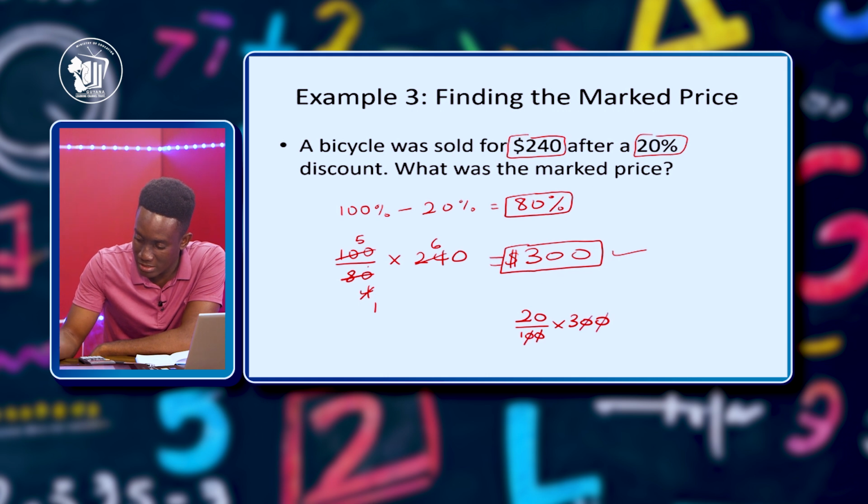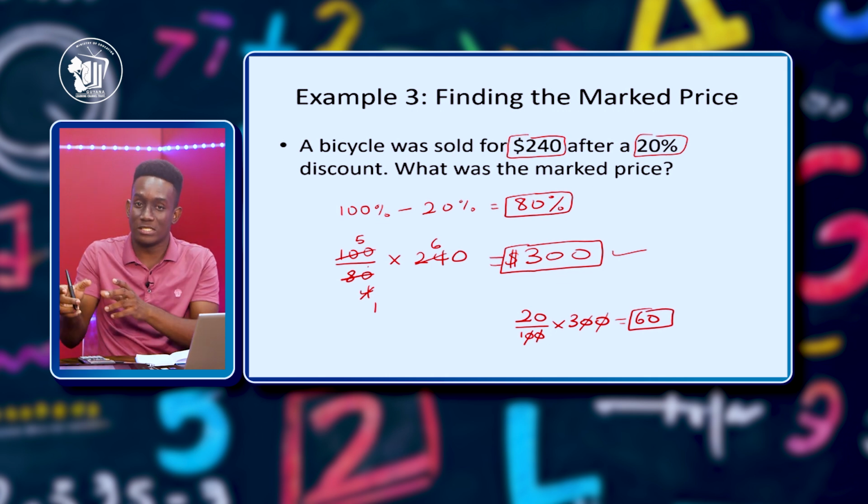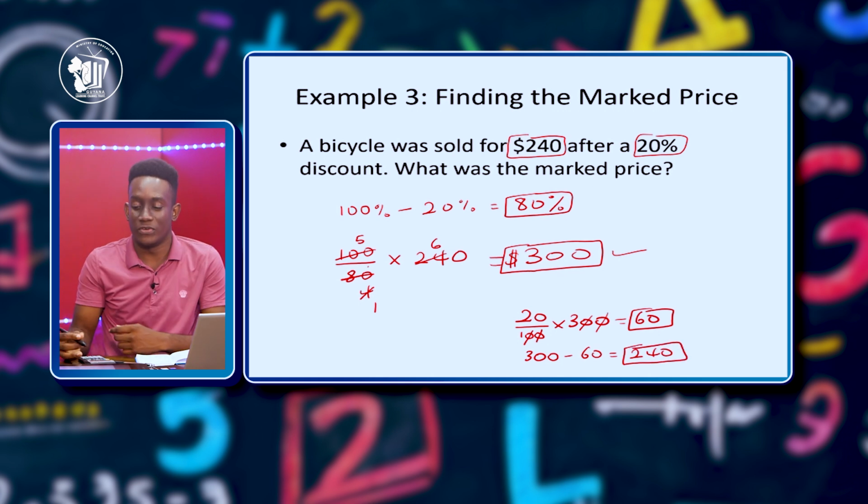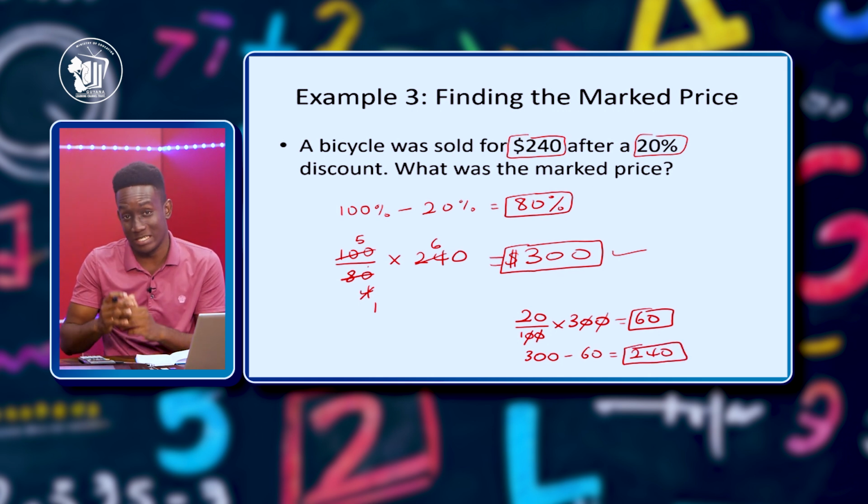This 0 cancels with that 0. 20 times 3 would give me 60. So this $60 is the discounted price. So to find the cost of the bicycle after the discount would be 300 subtract 60, which would give me 240 indeed.